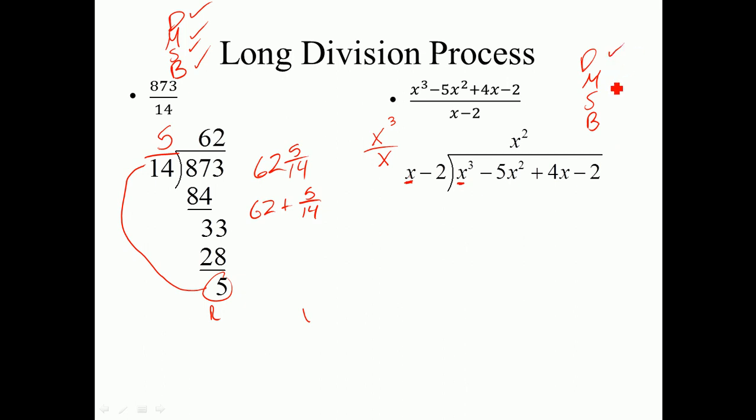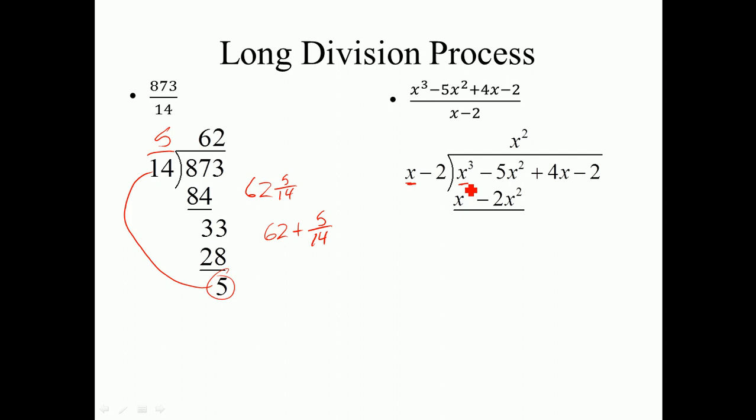The next step is to multiply. We're multiplying x squared by the whole divisor. So x squared times x minus 2 is going to give you x squared minus 2x. Well, I'm sorry, this should be a cubed right here. It's going to give you x cubed minus 2x squared. Actually, hold on one second, let me change. All right, I think that looks better now.